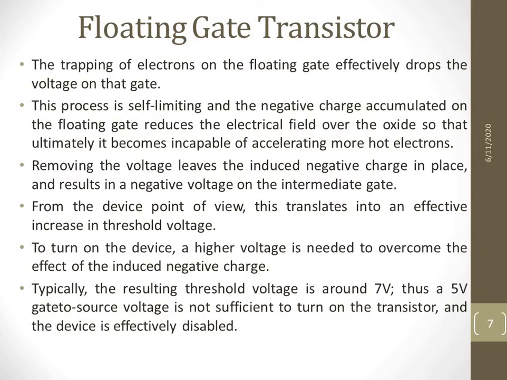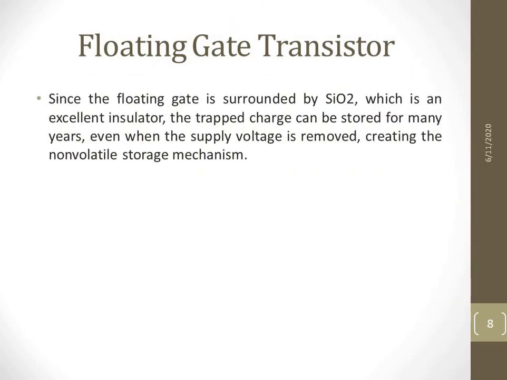Thus, a 5 volt gate to source voltage is not sufficient to turn on the transistor and the device is effectively disabled. Since the floating gate is surrounded by silicon dioxide, which is an excellent insulator, the trapped charge can be stored for many years even when the supply voltage is removed, creating the non-volatile storage mechanism.